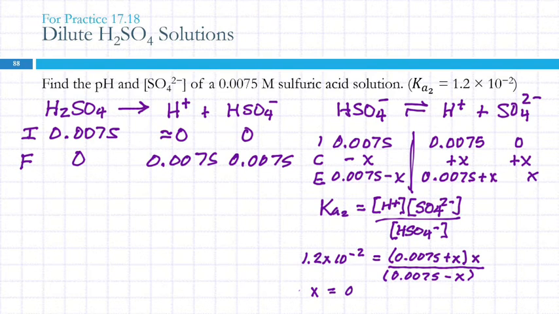X equals 0.003854. The equilibrium constant is 0.0012. And so here X is actually larger than the equilibrium constant.